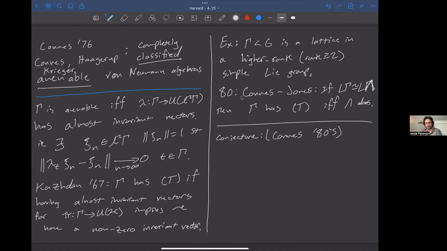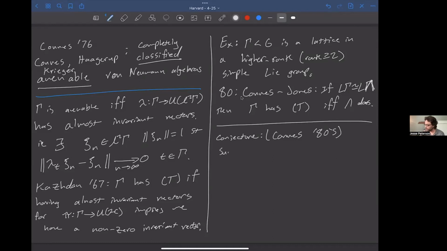We should be able to see this in the von Neumann algebras, which is a bit surprising because Connes showed that all infinite dimensional tracial factors are isomorphic if they're amenable. So somehow in the non-amenability, he conjectured there should be lots of rigidity coming from the higher rank. So specifically, he conjectured the following thing.